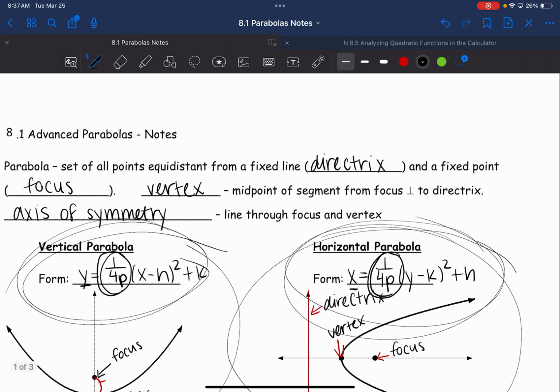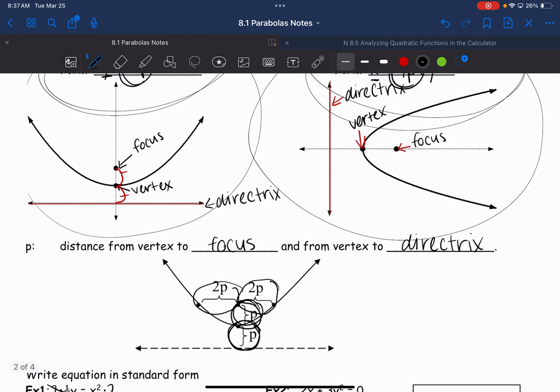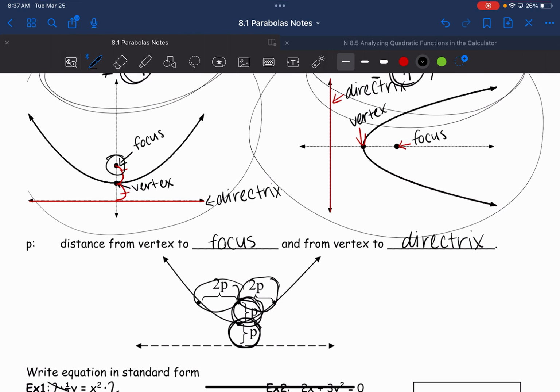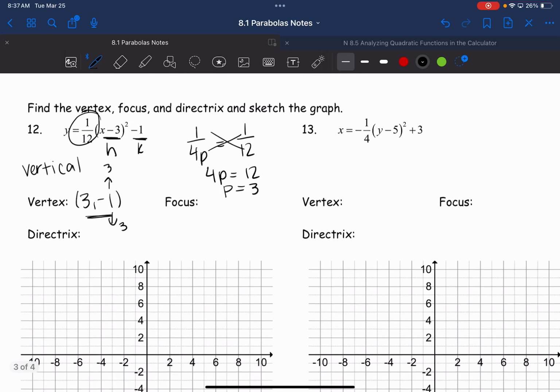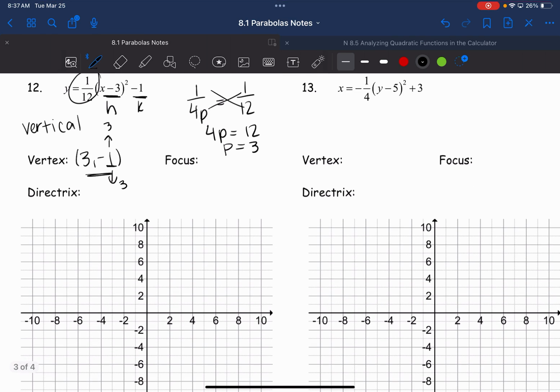If you look back at the original graph here, the focus is above it, while the directrix is that amount below it. p values are the distance. So if I move 3 places up from -1, where would I be at? Okay, so my focus is at the coordinate point 3, 2.